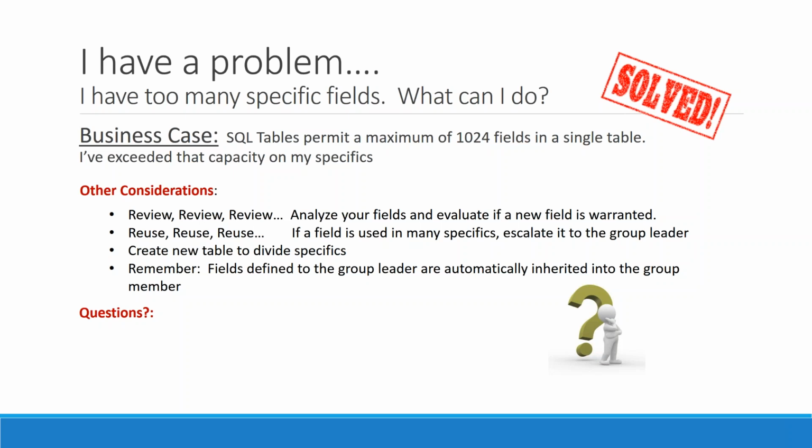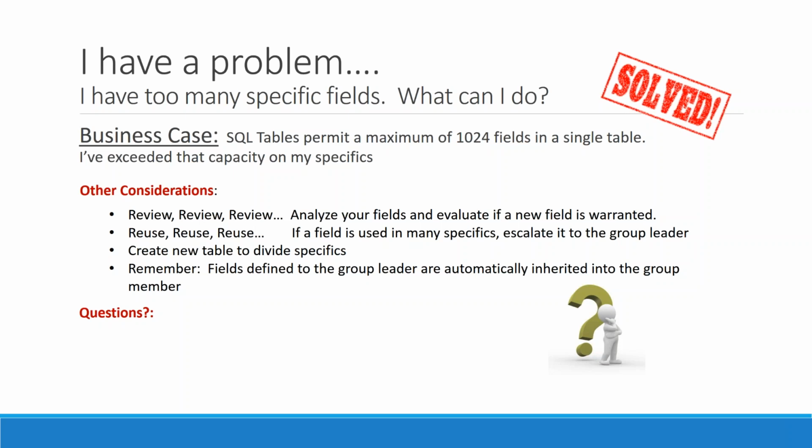When you're looking at the number of times that these things have occurred, you will know, oh my God, I've run across this field 50 times. I'm going to go ahead and make it a group leader item. There's another trick that you can do, which I did not go into in this presentation, but you can create a new table to divide your specifics. So let's say everything has its own unique specific.